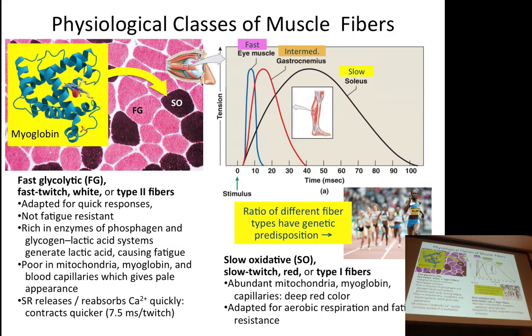And there are also genetic differences between people. Certain people have more of one type of muscle fiber than another. It can be ethnically correlated.